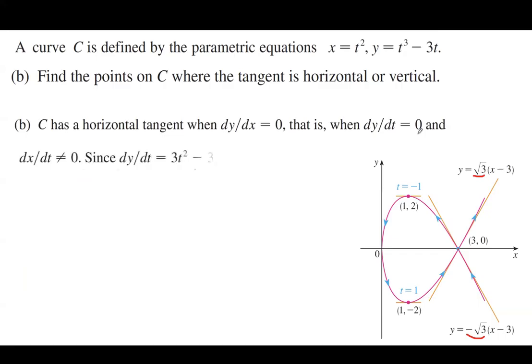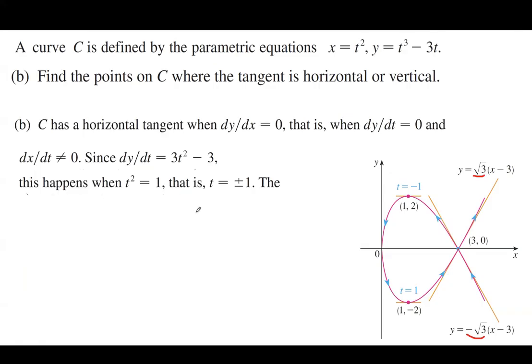Okay, dy/dt is equal to 3t² minus 3. If you set this equal to 0, t² minus 1 is 0, or t becomes plus or minus 1. Okay, when t is equal to 1 and t equals negative 1, we expect to have a horizontal tangent.